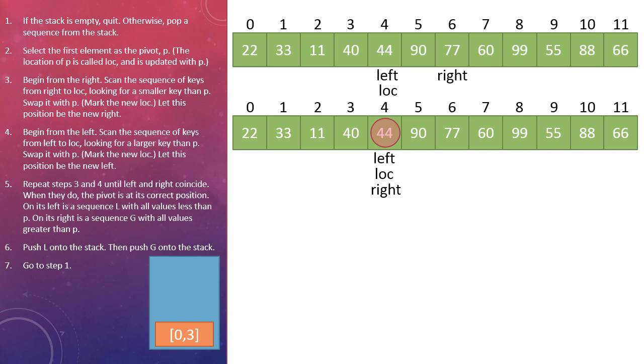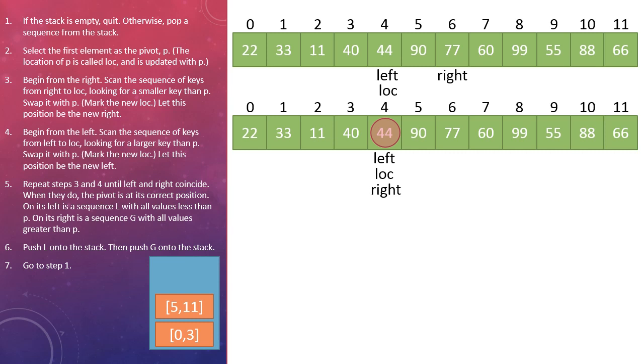The sequence of greater elements, G, extends from 5 to 11. And I push the upper and lower bounds of this sequence onto my stack as well. Why am I using the stack? I am using the stack to remember what sequences I still have to sort.